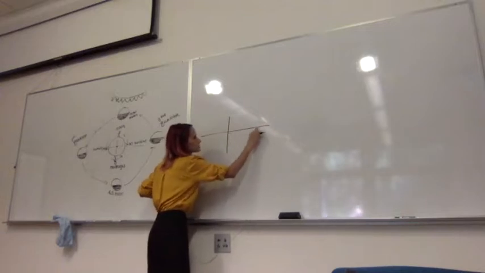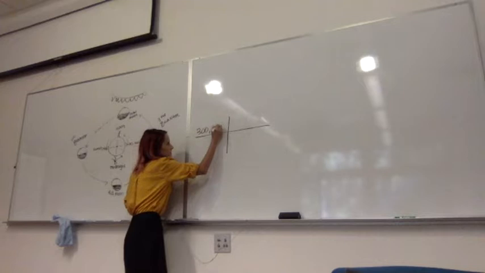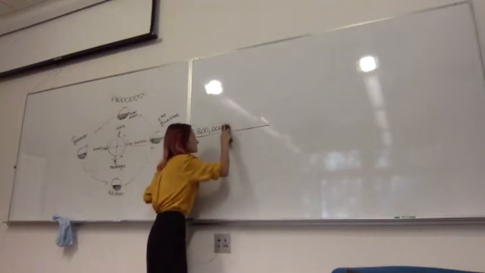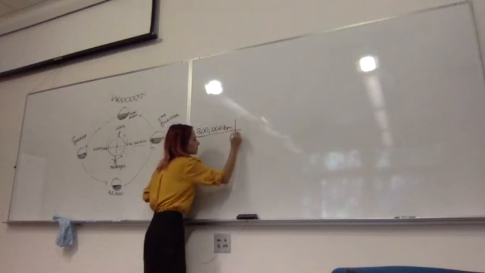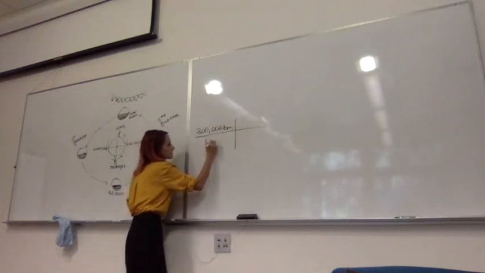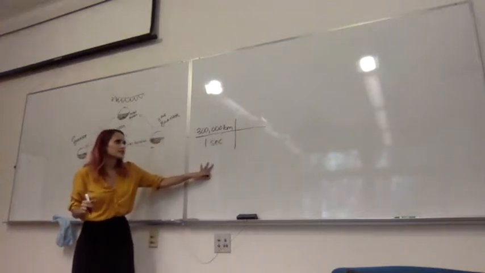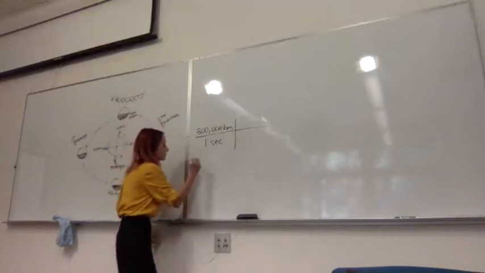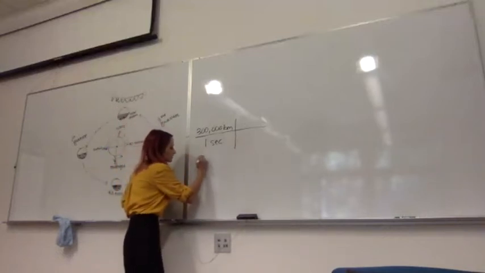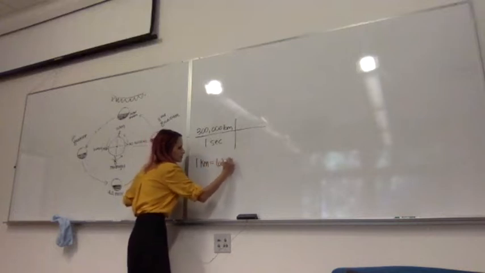So you start out with what you have and you put it in the first grid. You have 300,000 kilometers. If you have a unit like kilometers per second, you put the top one in the top grid and the bottom unit in the second one. So this is 1 second. And then you take your conversion factor. We have 1 kilometer is 0.62 miles.